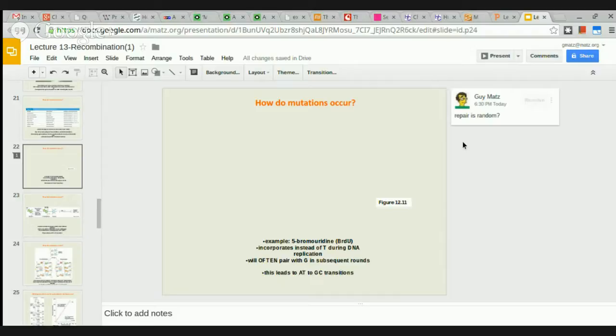And so it incorporates in front of A, and then during DNA replication, they pair with G and induce a transition. Okay, and that's actually a lot higher frequency than T.